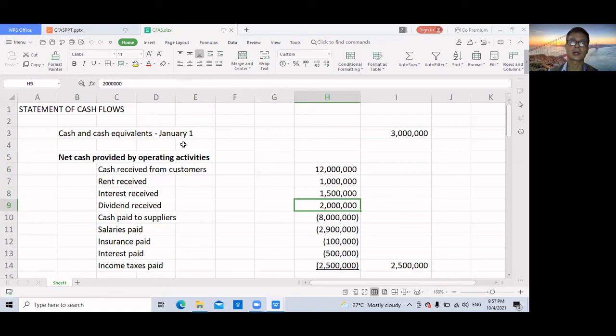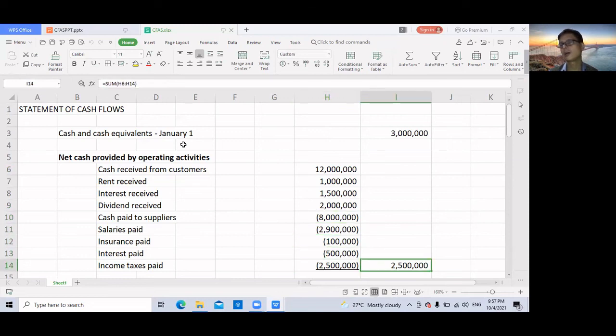So cash paid to suppliers. When they pay their accounts payable, that is a deduction from their cash flow provided by operating activities. Salaries paid, of course. Insurance paid, interest paid, and then taxes paid, income taxes paid. So these are deductions from the operating activities.